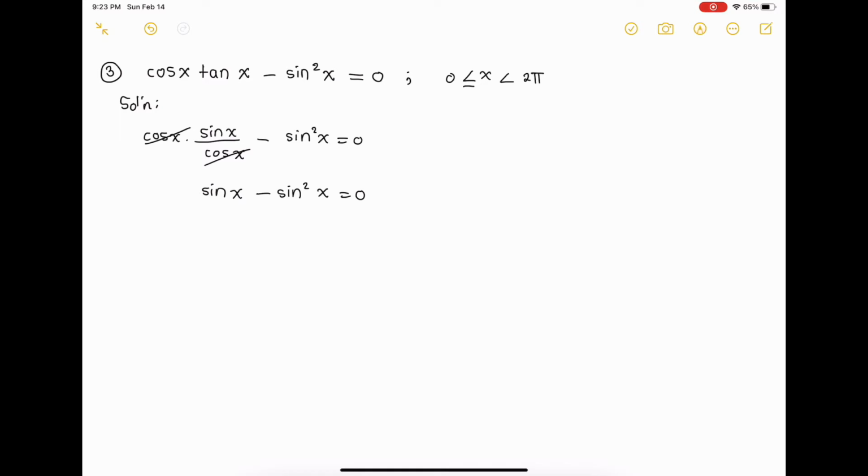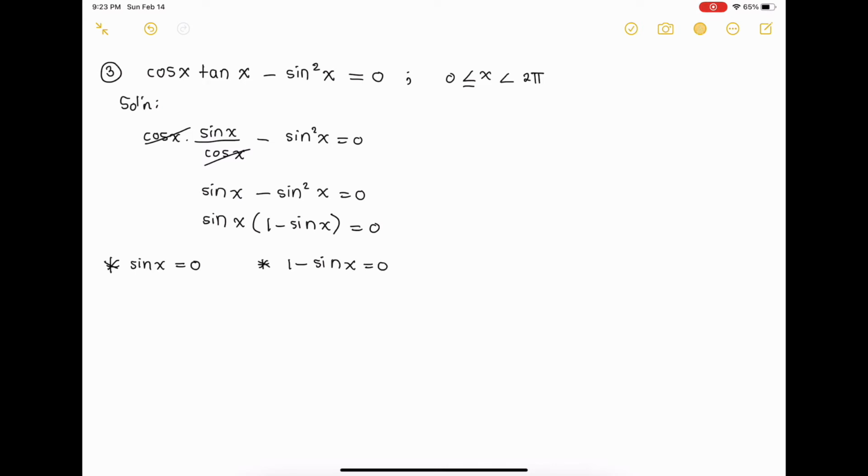The common factor between the two terms is sine x. Factor out. First term remains 1 and the second has negative sine x equals 0. Using zero product property, we have sine x equals 0, and we also have 1 minus sine x equals 0.